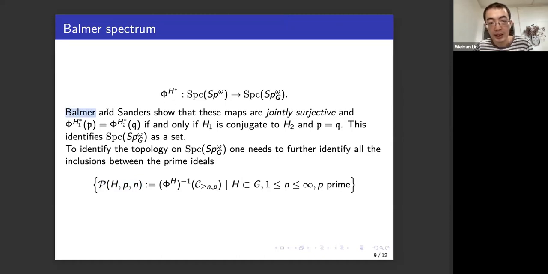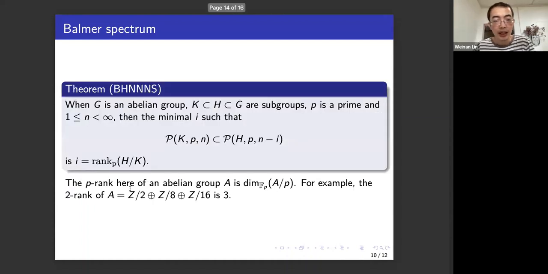In the beginning, Balmer and Sanders had conjectures about those, but they didn't prove that. And actually, the original conjecture is not quite precise or correct enough.